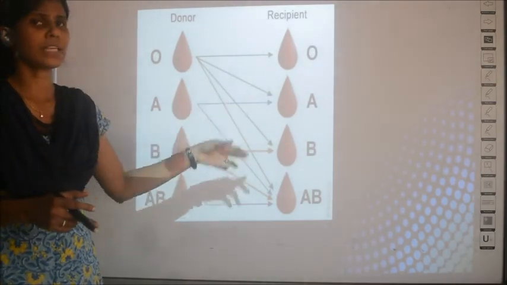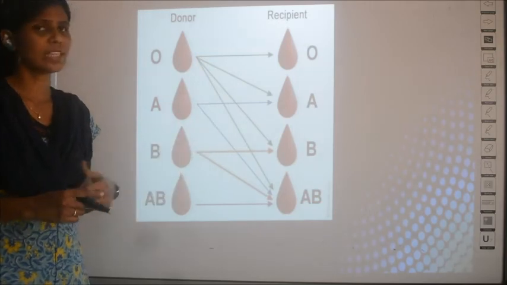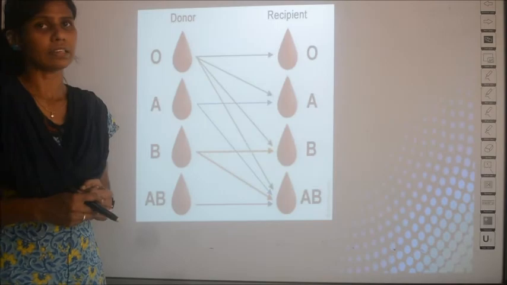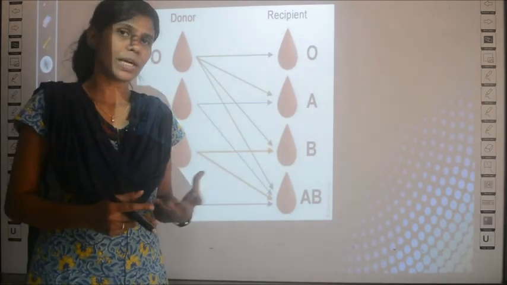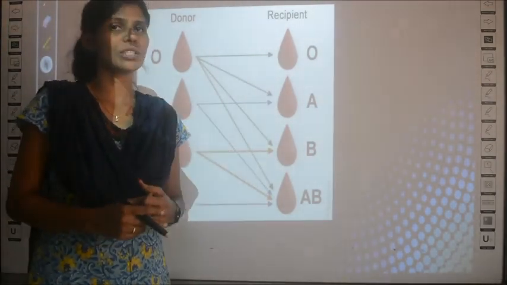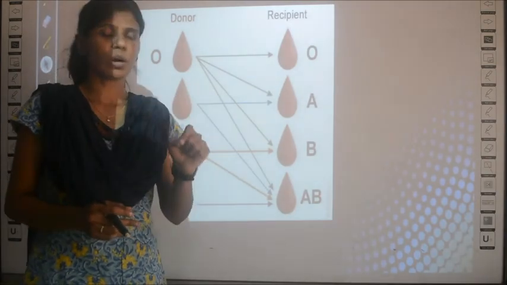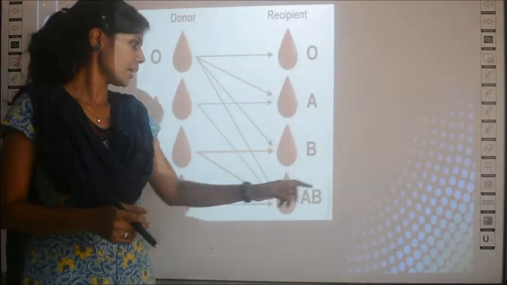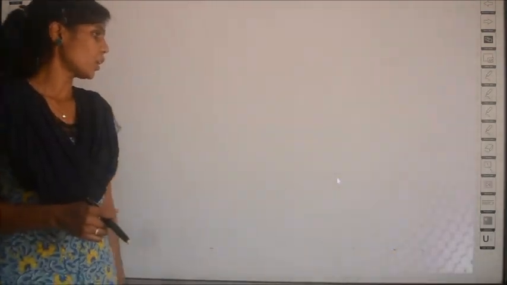I have used 3 colors here, green, blue and red. Similarly, you can use different colors for every type of blood group. Clear? So, learn these 2 charts, study and then draw. Just don't copy, study, draw and get your parent's signature also and send it to me. Okay, this will be for your homework.